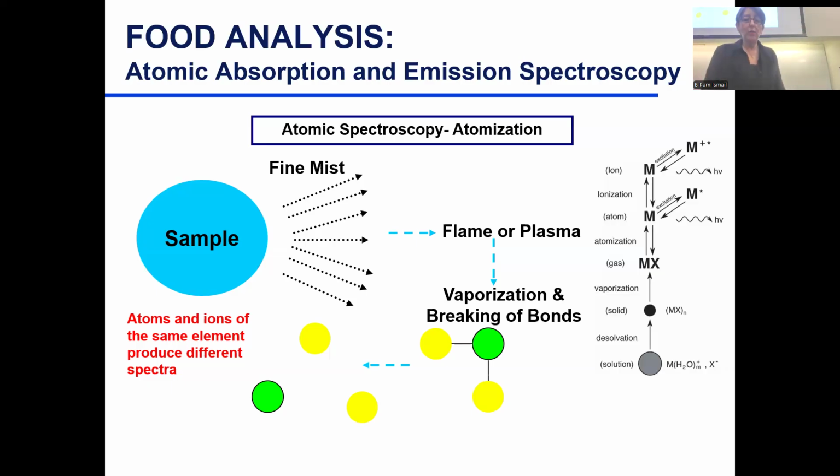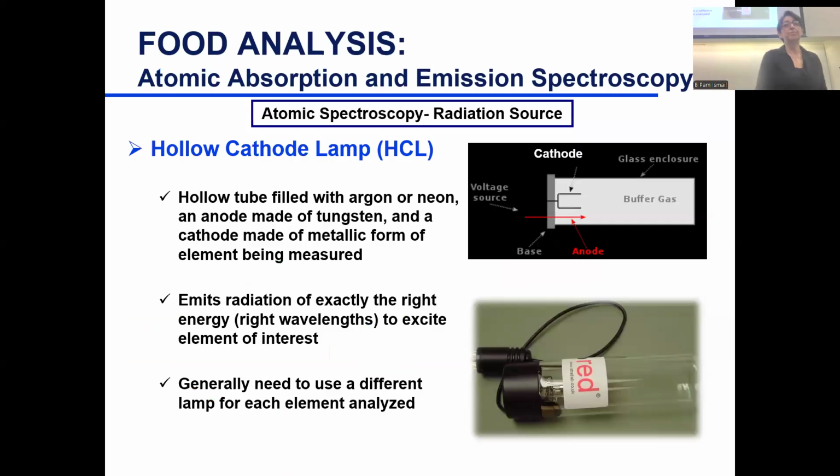Okay, so now we have atoms, but now they are in the flame. How are we going to measure absorption of light? We need a light source. So the light source in atomic absorption is usually a hollow cathode lamp.